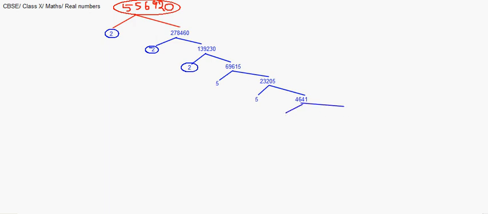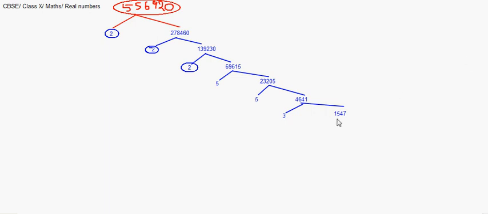If I divide, it gives 1547, and 1547 I think is divisible by 7 as well.